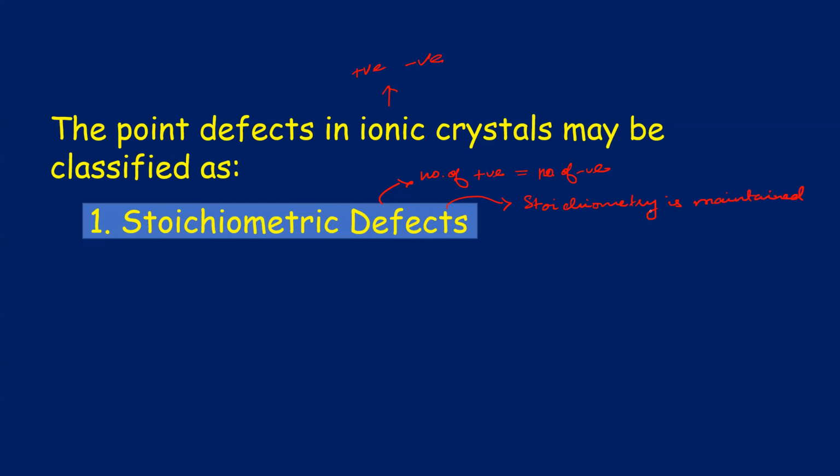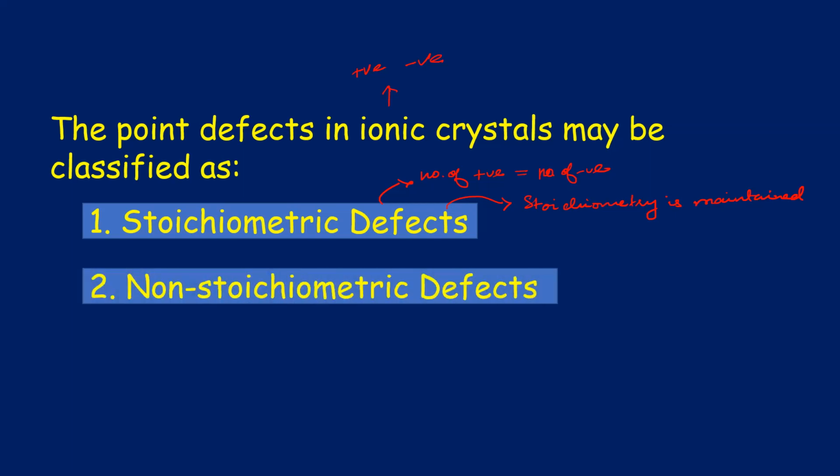How is stoichiometry maintained? You will understand only when you see stoichiometry getting disturbed. Right now, just remember that in stoichiometric defect the stoichiometry is always maintained. Then we have non-stoichiometric defect, in which the stoichiometry is disturbed.